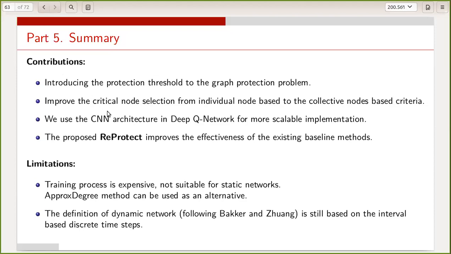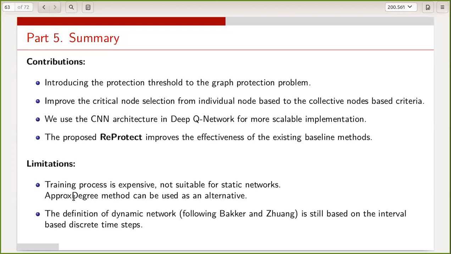The proposed one improved the effectiveness, but there is a limitation as well. The training process is expensive, so it's not suitable for the static network. So we introduced the approx degree method.